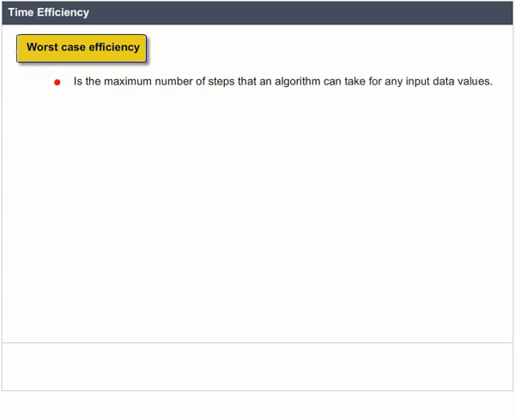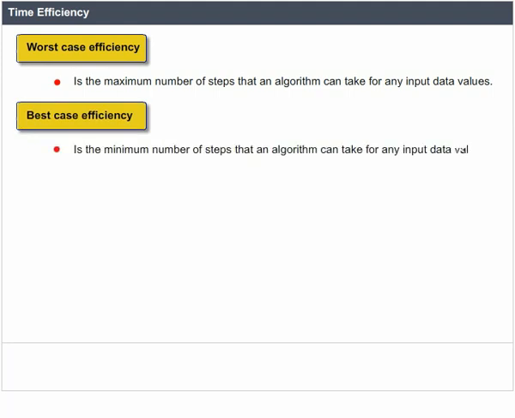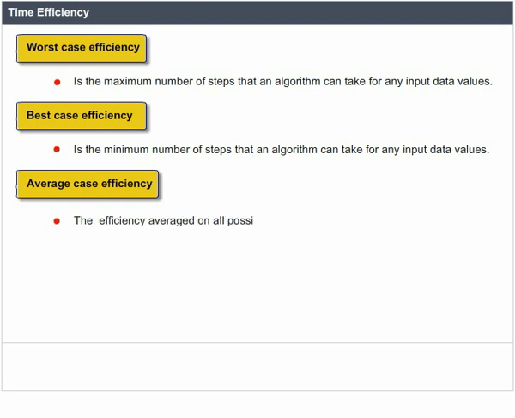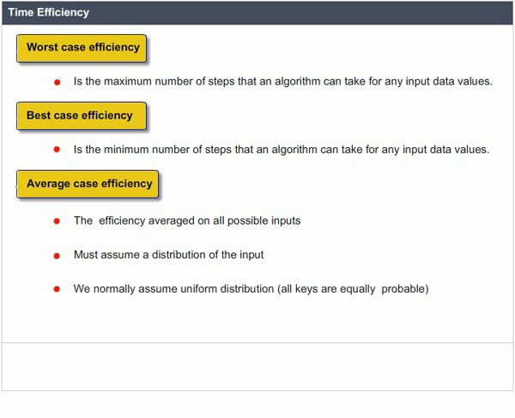Best case efficiency is the minimum number of steps that an algorithm can take for any input data values. Average case efficiency: the efficiency averaged over all possible inputs, which must assume a distribution of the input. We normally assume uniform distribution, where all keys are equally probable. If the input has size n, efficiency will be a function of n.